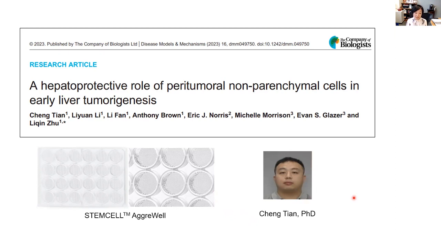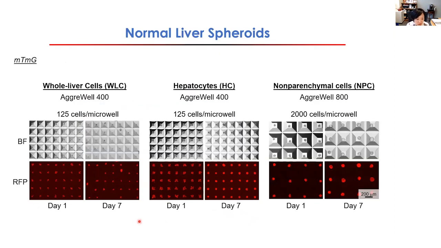Basically, what he did was use a very specialized multi-well plate called AggreWell from STEMCELL, because this type of plate allows you to generate spheroids very easily. So what Chen did was to get the single cell suspension from the mouse liver.